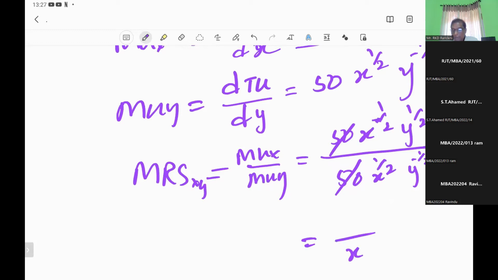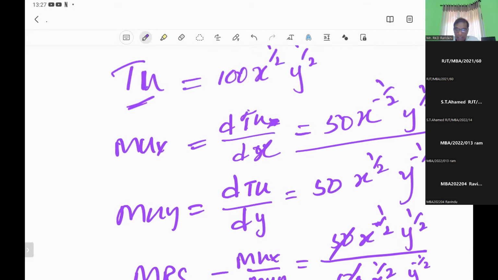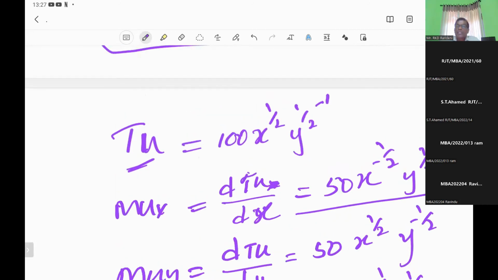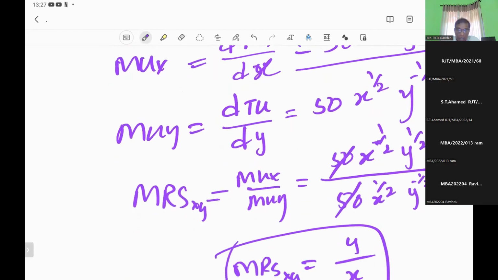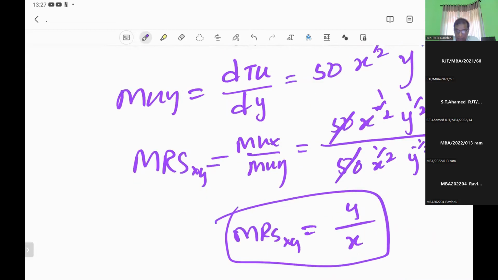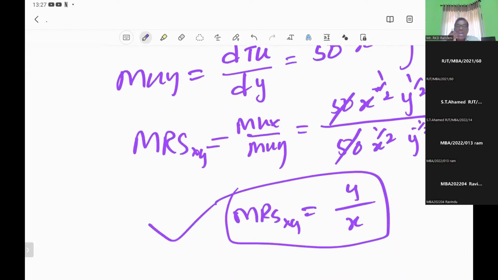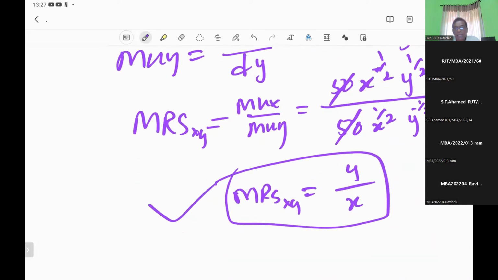Y to the power minus half comes to this side, then plus half, that is y. This is MRS for x for y, right? That is when the utility function is given in equation mode. This is how you have to calculate the MRS, right? Later we will discuss these things.